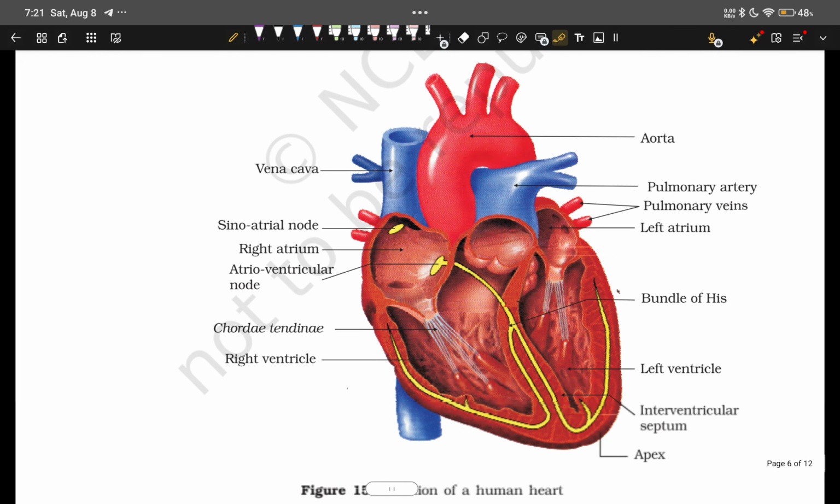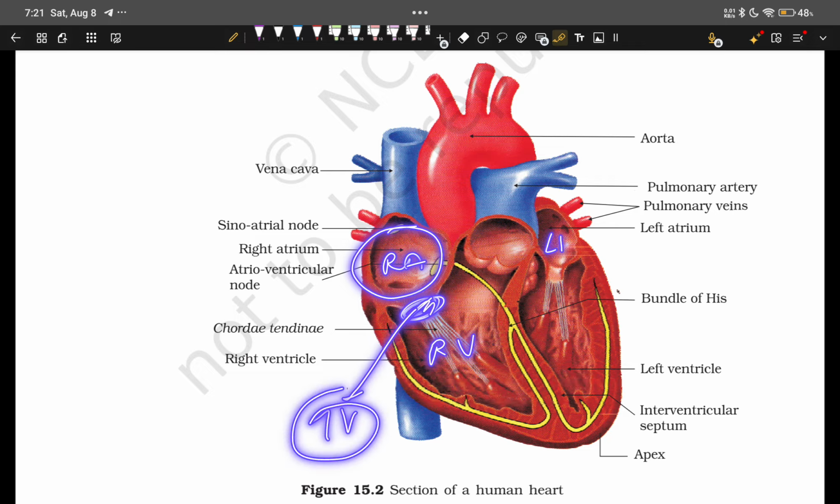Alright, now let me explain with the help of this diagram what is guarded with a valve. So basically you have this right atria, you have a right ventricle, both of them have an opening, and this opening is guarded by tricuspid valve. You have left atrium and left ventricle, they have an opening which is guarded by bicuspid valve.